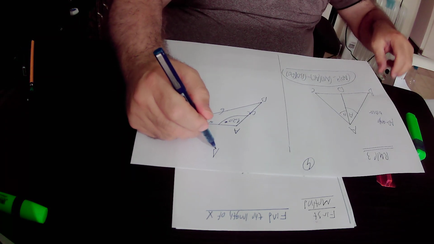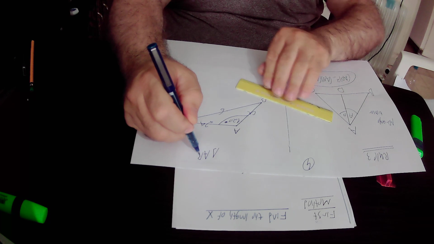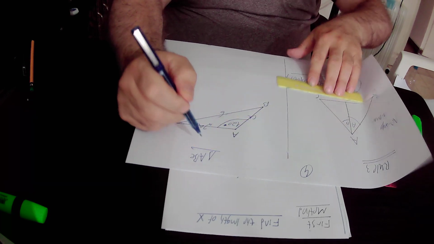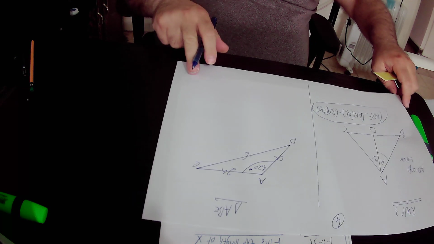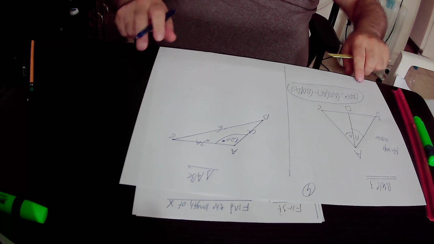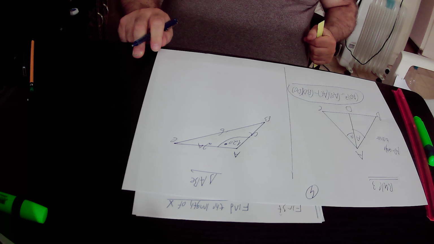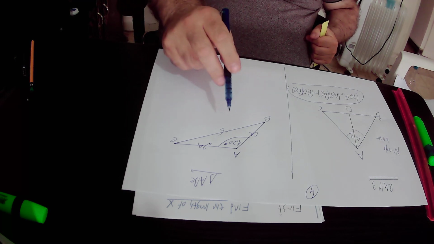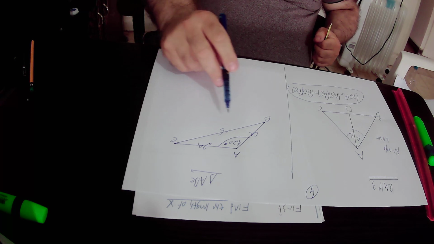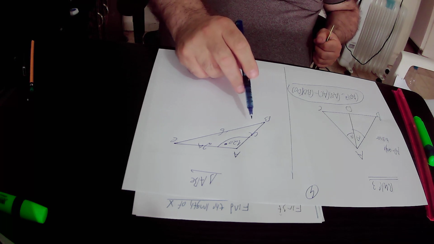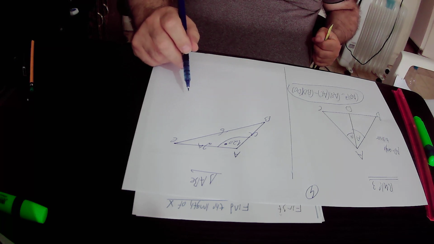So actually, this is triangle ABC that I copied from the original drawing. AB equals A units, AC equals 2A units, and BC equals 6 units, and angle BAC equals 120 degrees.